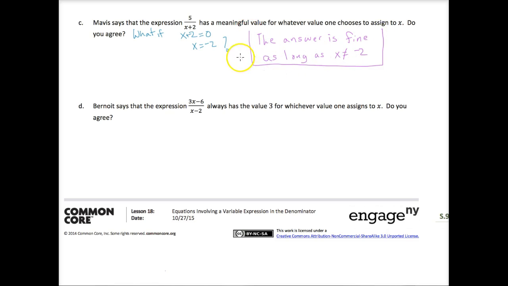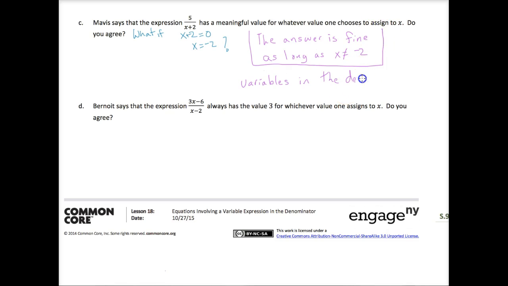So we have to qualify what's going on here now. What we have to do is think about where we could run into trouble, and we have to think about variables in the denominator.